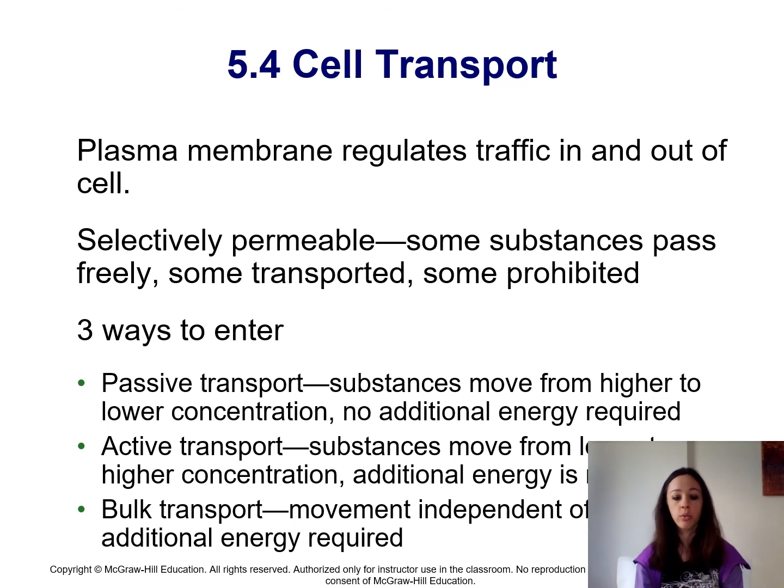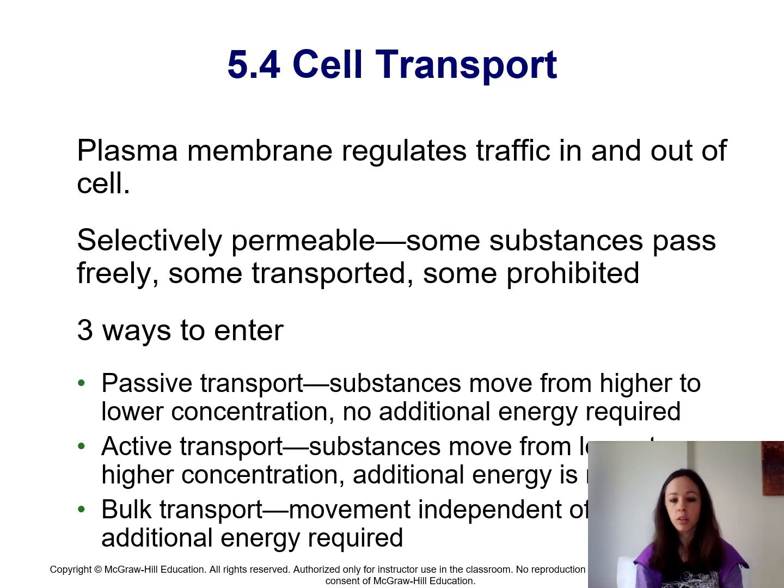So therefore, some molecules require energy to be transported in and out of the cell. And there's 3 different kinds of transport that the cells use to get the molecules it needs. There's passive transport, which is when substances move from a higher concentration to a lower concentration and no additional energy is needed. There's active transport, which is when the substances move against its concentration gradient, and so energy is going to be required.